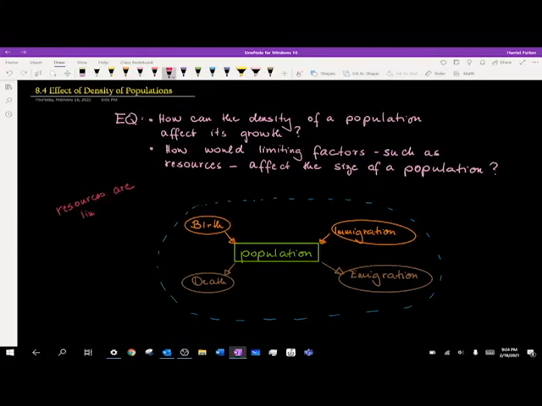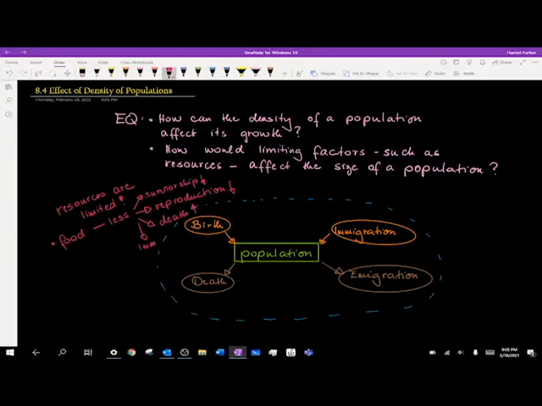Now, resources are limited. That means when the food supply for the population is less, the survivalship will decrease, as well as the reproduction. The death rate will increase among the organisms.